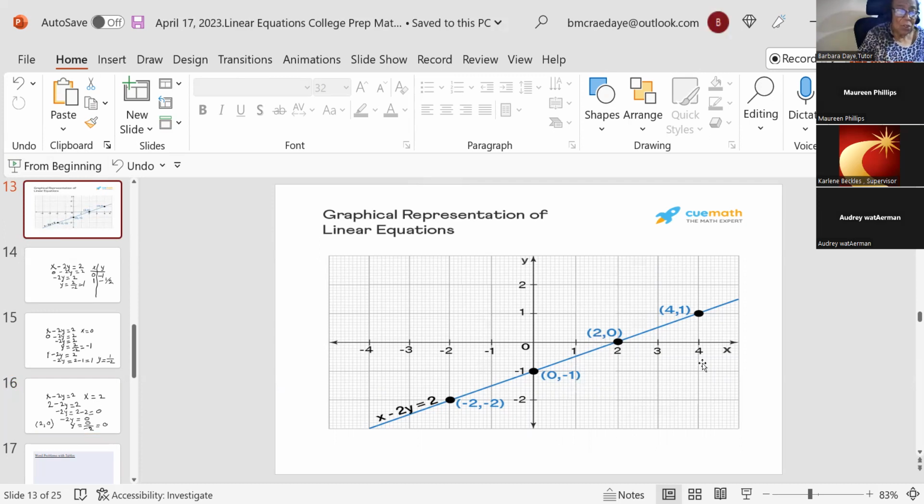That's how in a table form you can find the values. If you have an equation, like here, x minus 2y equal 2, plug a value for x and find the y. Do that for like 4 different points, and you'll find that they will connect into a straight line because that's a linear equation.